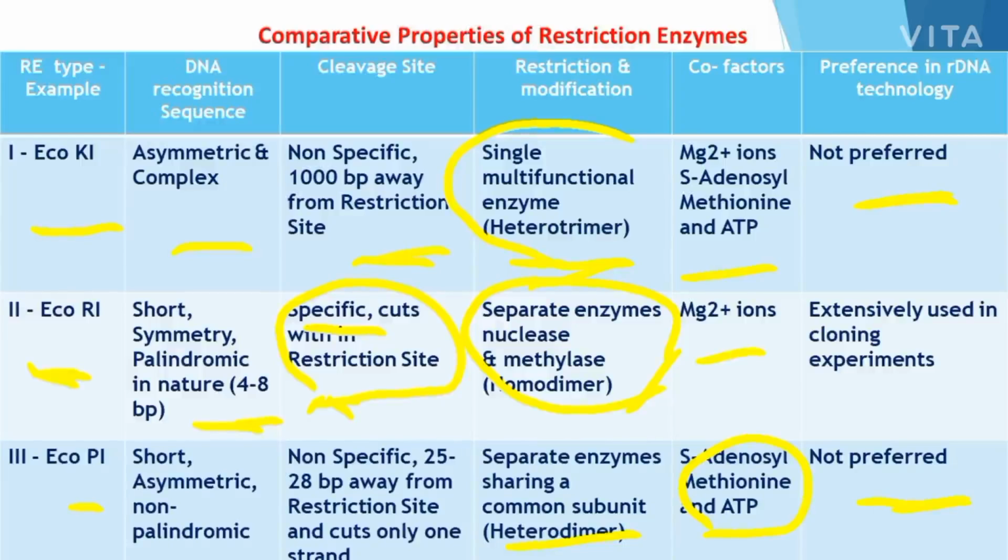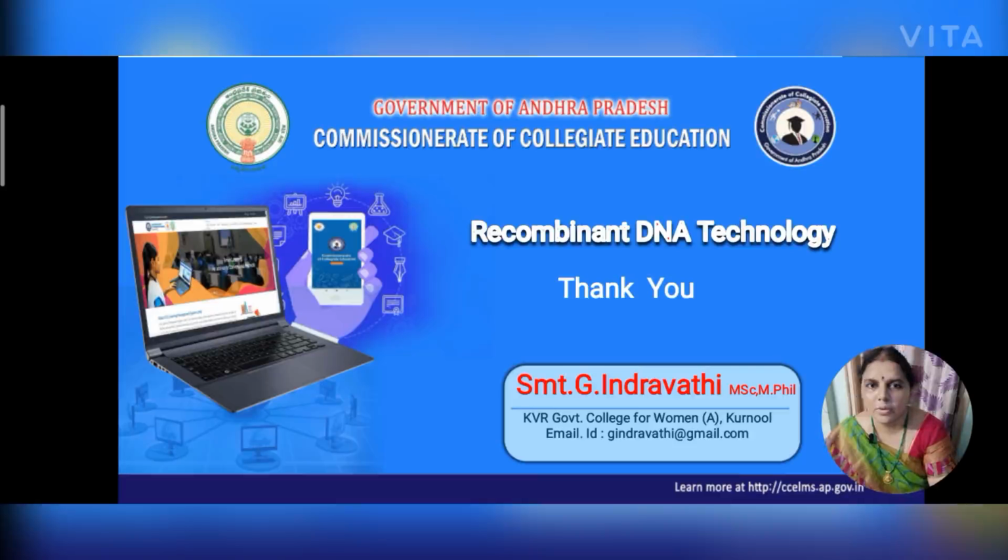Then it does not require any energy, just with the support of magnesium ion cofactors the reaction takes place. For all these favorable reasons, type 2 restriction enzymes are extensively used in gene cloning experiments. Hope you enjoyed learning this session.